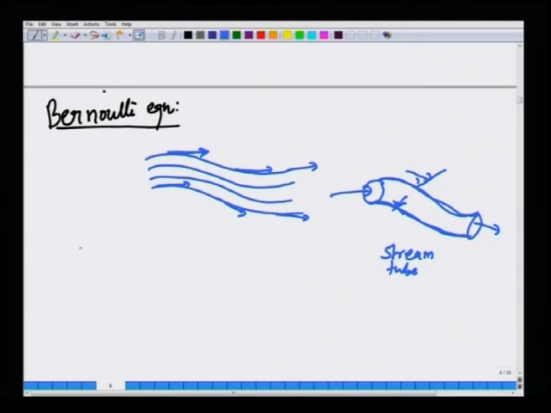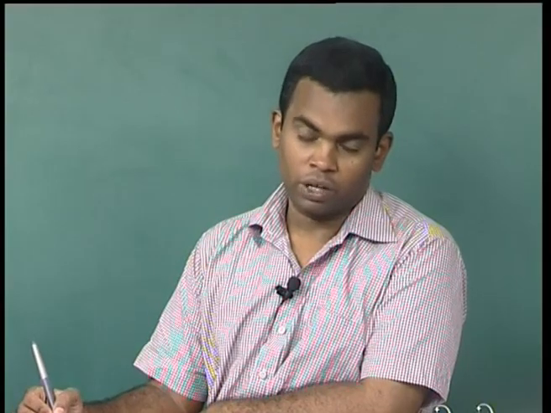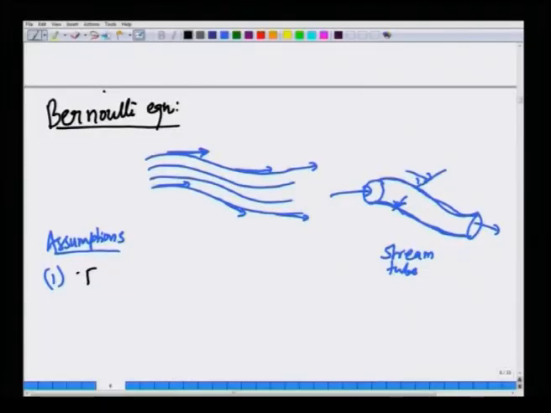Now, we will make some major assumptions in order to derive the Bernoulli equation, that these will tell us the crucial distinctions between the Bernoulli equation that we are going to derive and the most general form of energy balance, which is a statement of first law of thermodynamics. Okay. We will assume that fluid is incompressible, rho is constant.